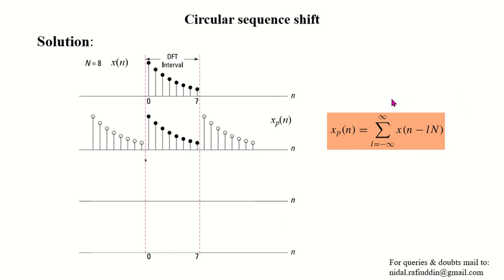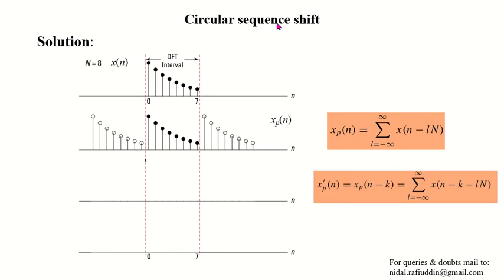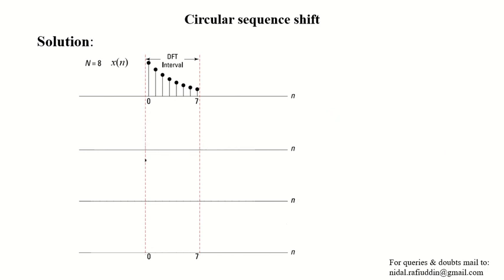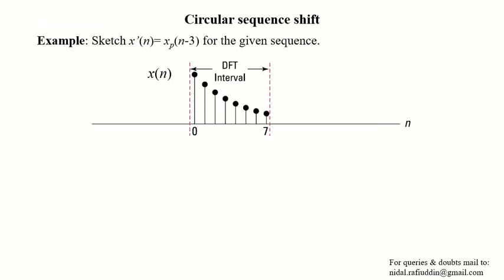The second step that we did was obtaining xp dash n, which was given by the shifted xp. We now are trying to shift this by 3 steps.